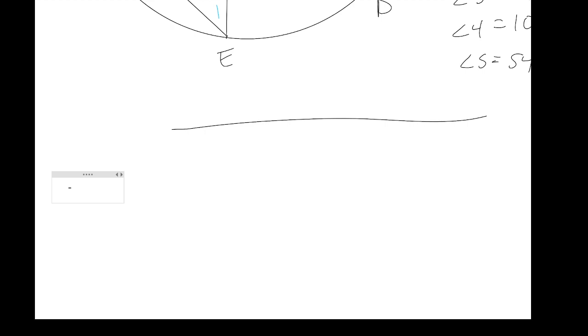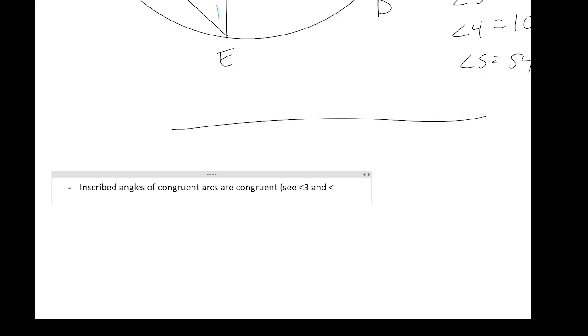which is this. Inscribed angles of congruent arcs are also congruent, right? Like angles 3 and 5. All angles inscribed to the same arc are congruent, same deal.